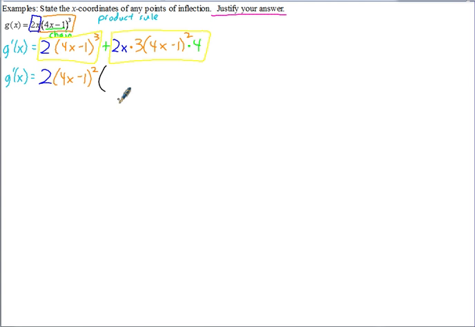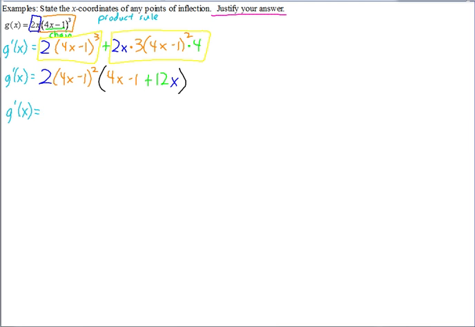Well, the first term, all that's left is just one of those 4x minus 1s because it was cubed. And then plus, what's left of this term, we've got, this is completely gone, 2 is gone, so we've got 4 times 3 is 12. And then we've got x, and that's it. The 4x minus 1 squared is gone, and so is the 2. So let's just make this as simple as possible before we take a second derivative.